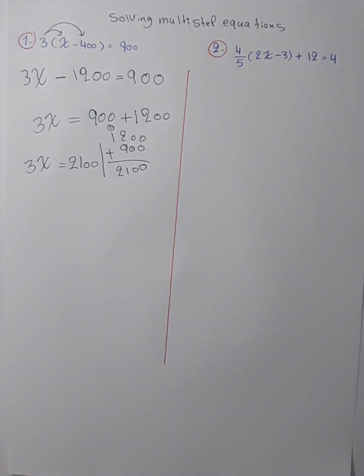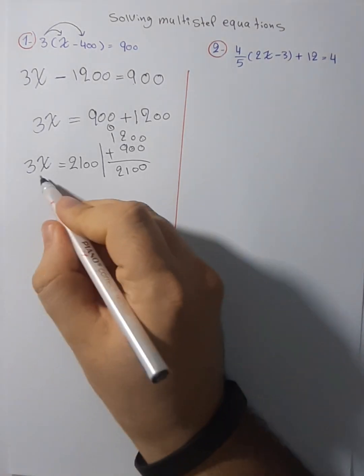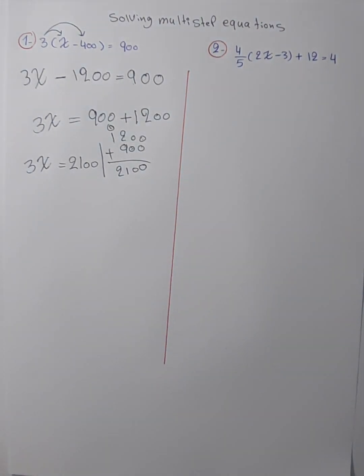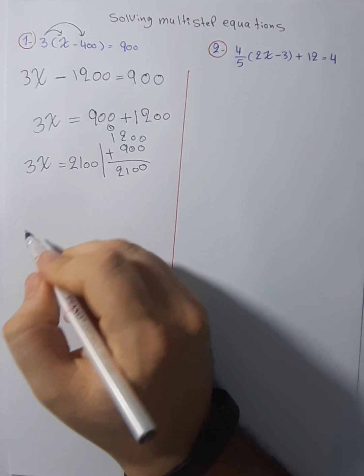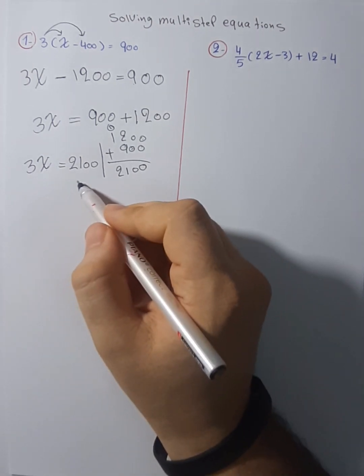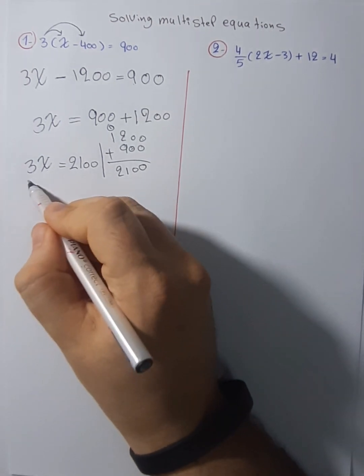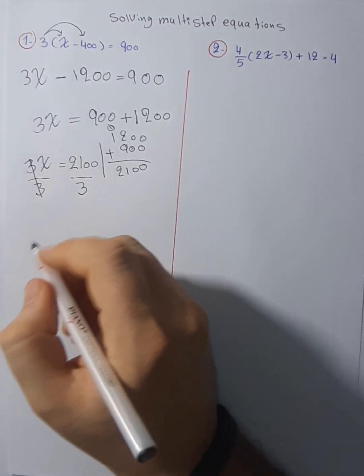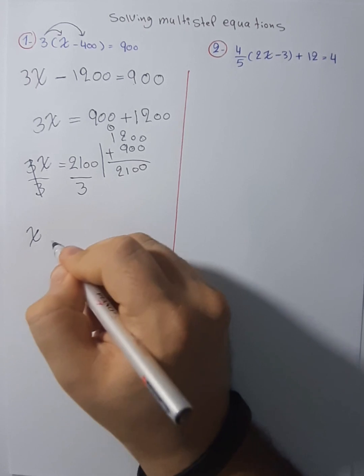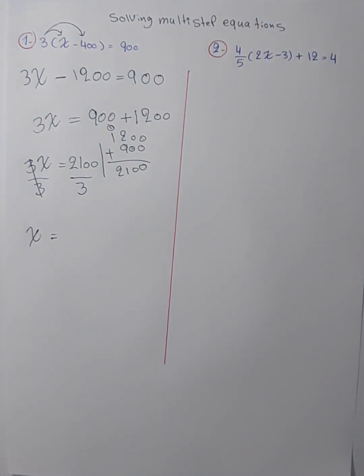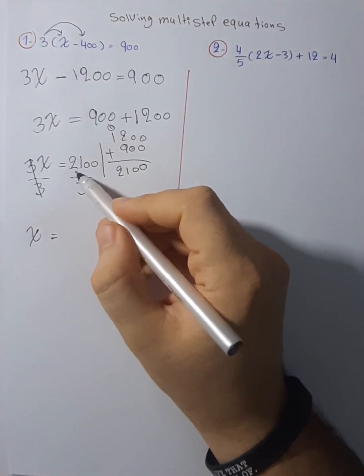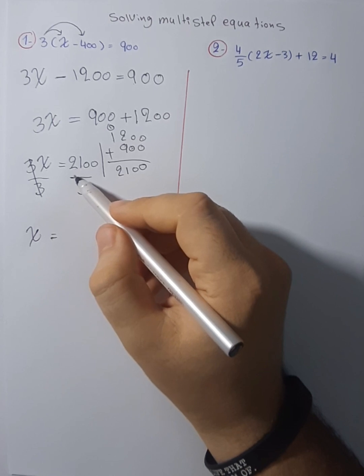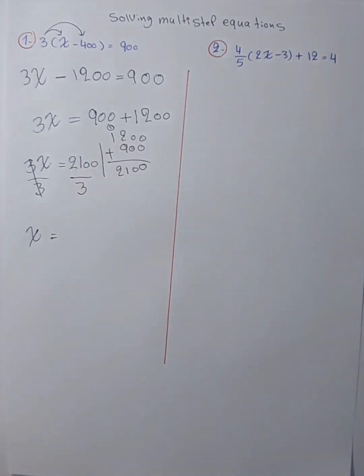After that, we have a multiplication equation. For finding the value of x, we have to divide both sides by 3. Divided by 3. These two 3's are reduced, x stays, and then we have 2100 divided by 3.